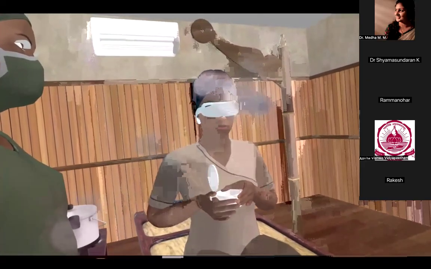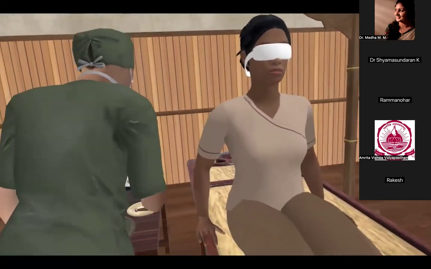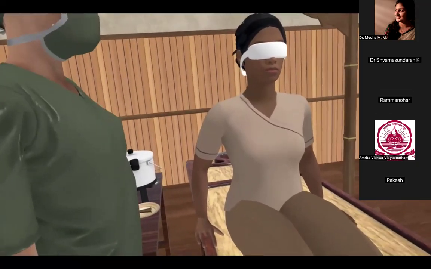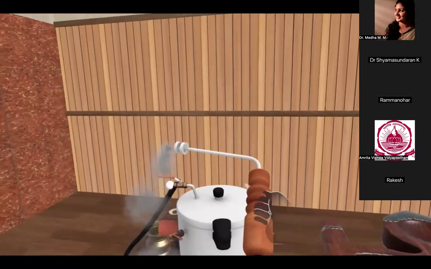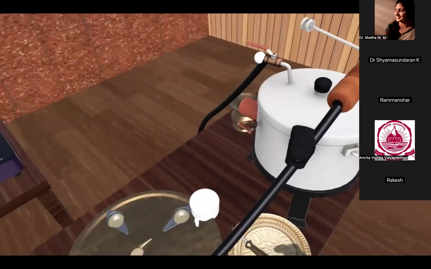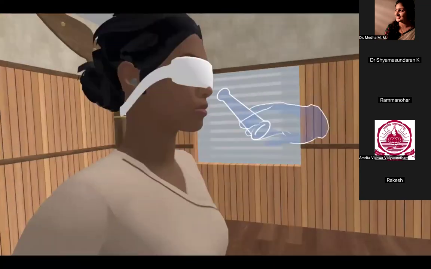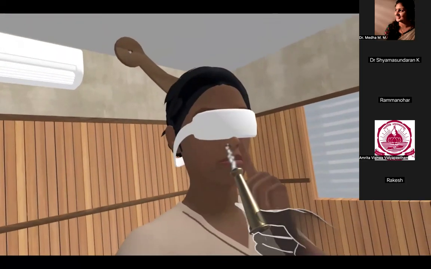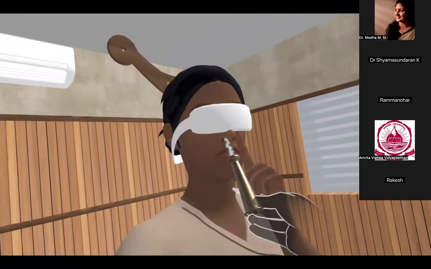Then we have to keep back the Nadi Sweda Yantra. And next we have to administer the Dhumapana. So we have to take the Dhumanetra and then give it to the patient.